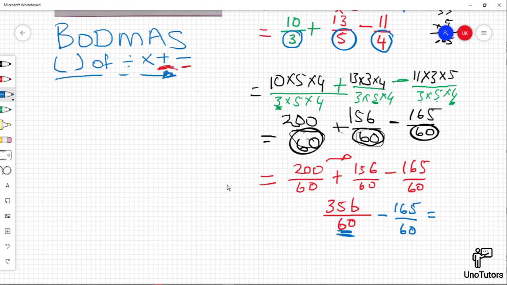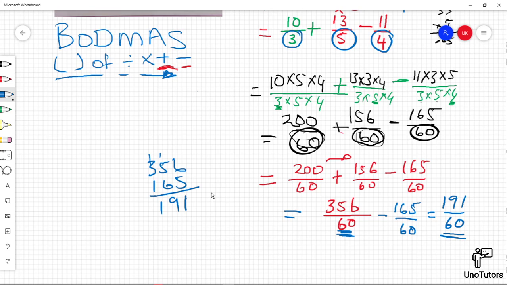I'm not using a calculator, so 356 minus 165 will then be 191. All right, so 191 over 60. Now this would be our answer.